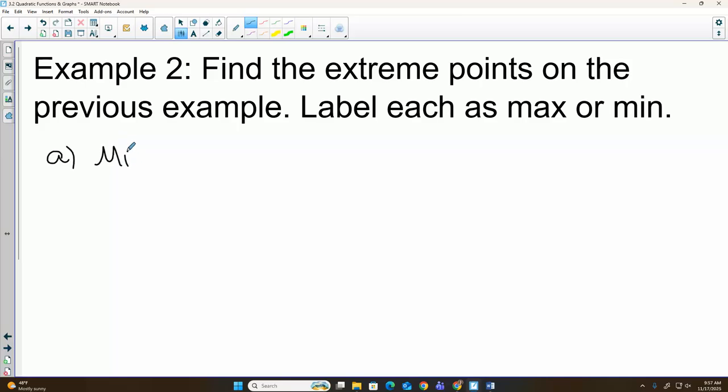So this one had a minimum of, what was that lowest y value? Negative 8. Now if I asked you when that happened, when x was what? Negative 2. Right. So the actual max or min is the y. If I ask you where it happens, that's the x value.